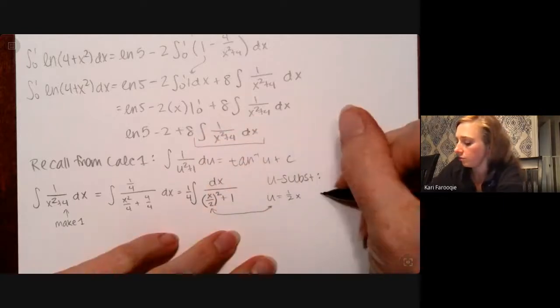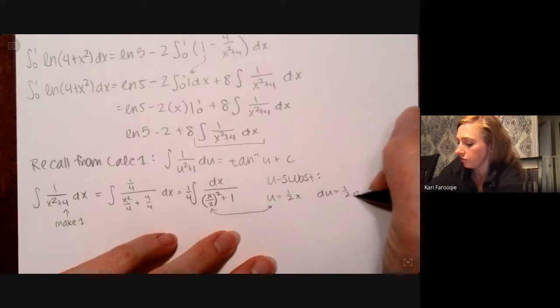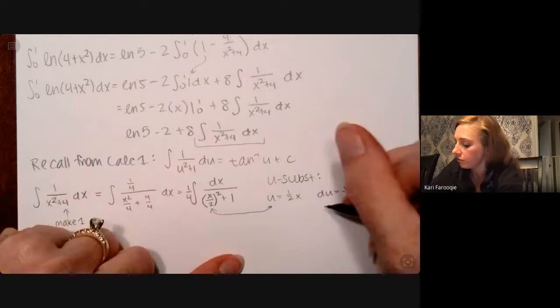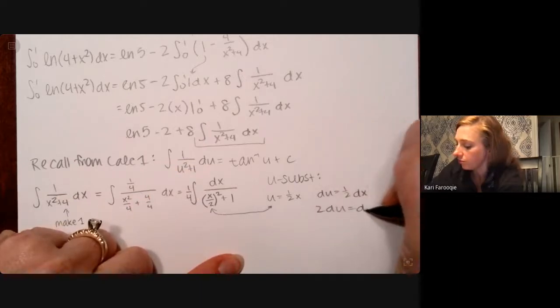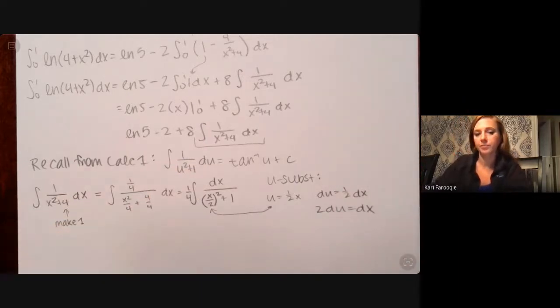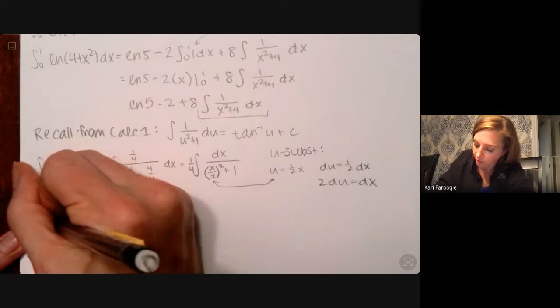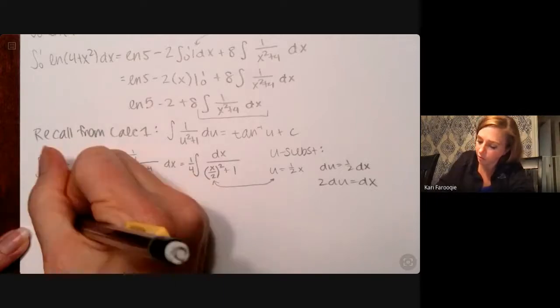And then du is 1/2 dx. We only have dx, we don't have 1/2 dx. So we'll say 2 du is dx, and then we'll sub it out. So we have 1/4 from your constant multiple.